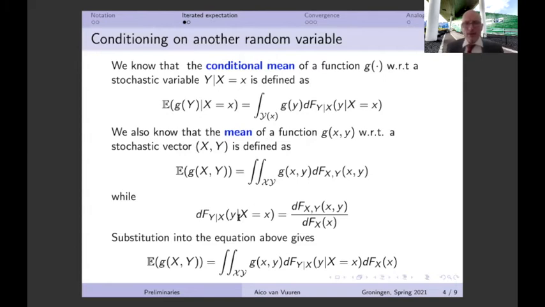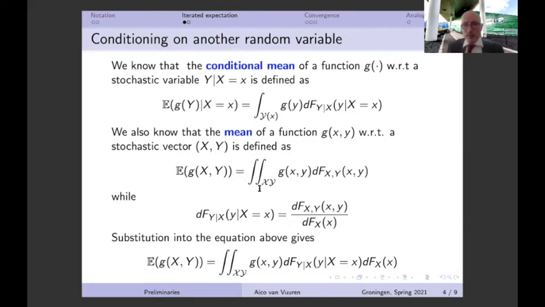Well, that I can do by realizing that a conditional density or conditional probability function is always equal to, well, this is something that we already know: if we are going to condition on something, then it's always equal to the joint divided by the marginal. So in this case, if we have a density function, then the conditional density function is equal to the joint density divided by the marginal, in this case, of the variable on which we are going to condition, and that is in this case equal to x.